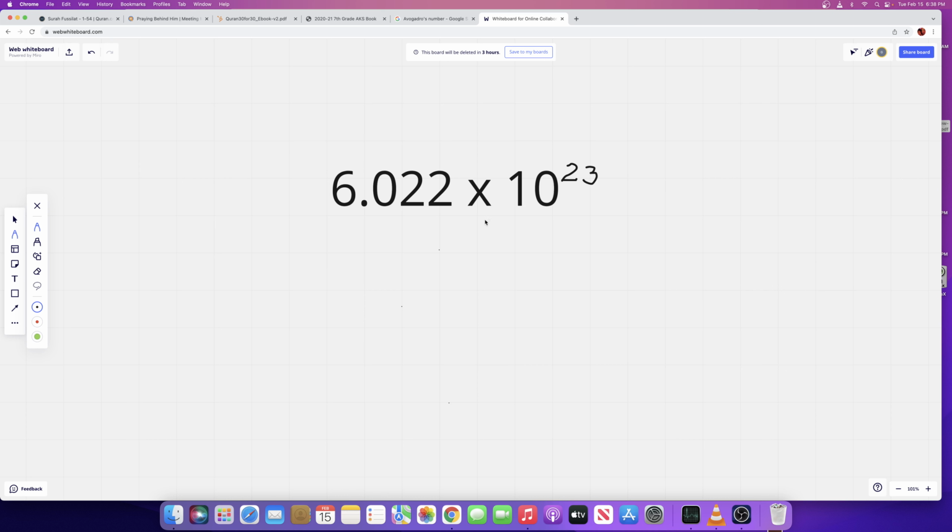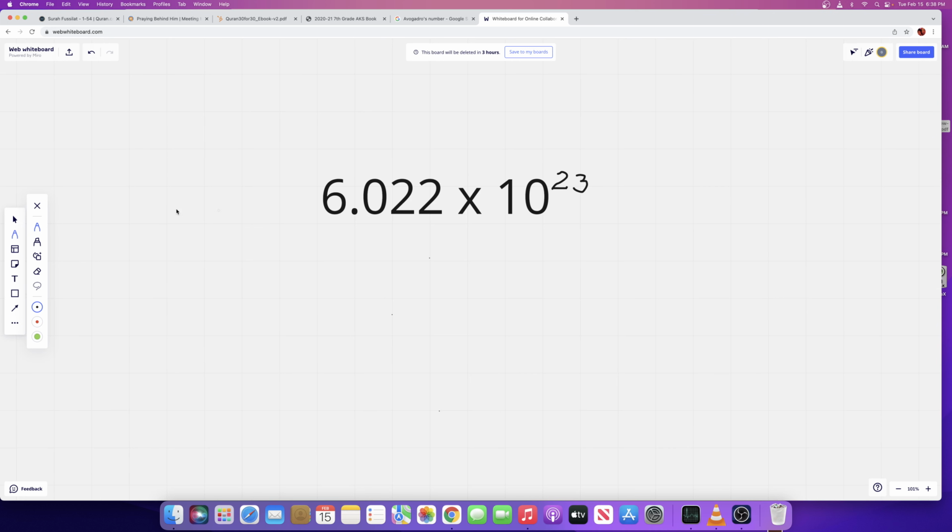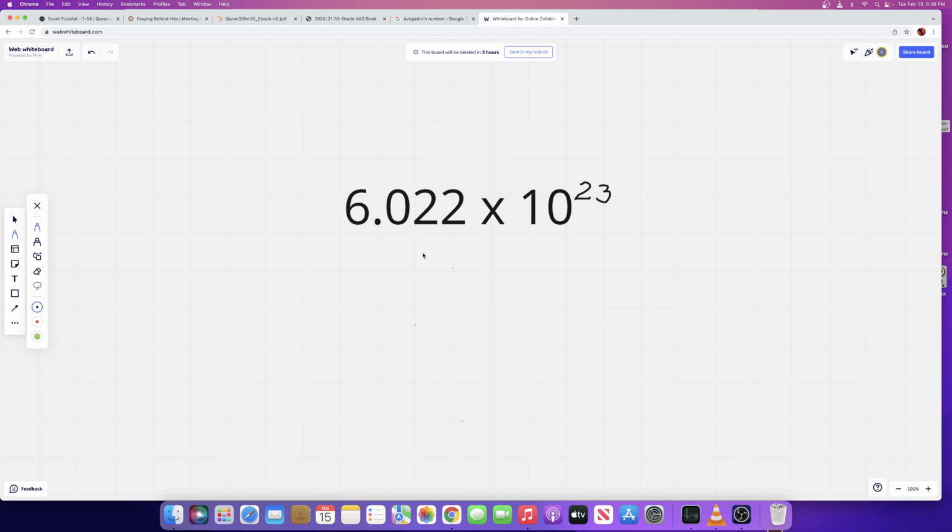If you say you have one mole, then you have this many atoms in your substance, like 23 quintillion atoms.